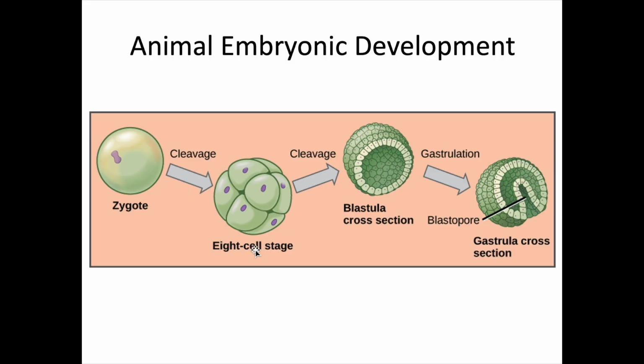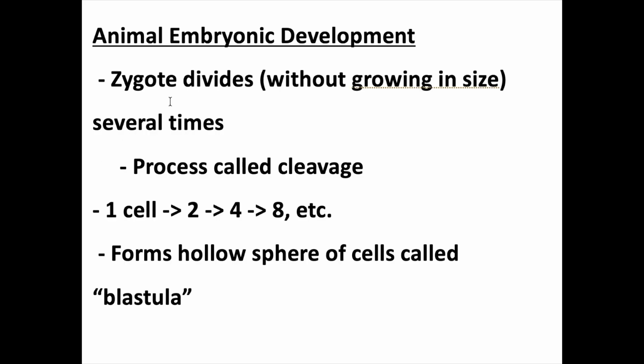So we end up with an 8-cell stage embryo that is the same size as the 1-cell zygote. This kind of dividing without growing is called cleavage, and it's going to continue to happen early during development. So the zygote divides without growing in size several times. This process is called cleavage. It goes from 1 cell to 2 to 4 to 8, and you know how doubling works.